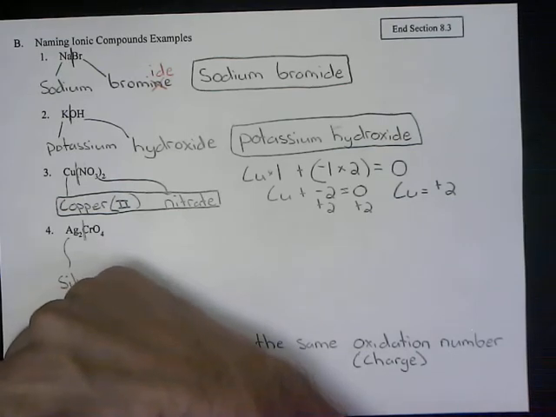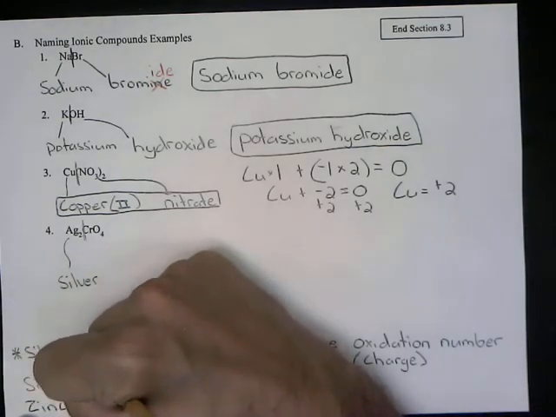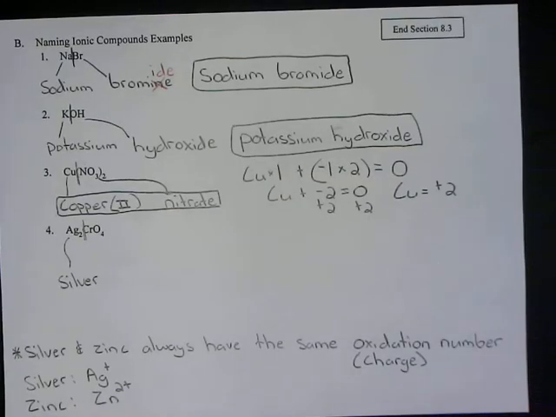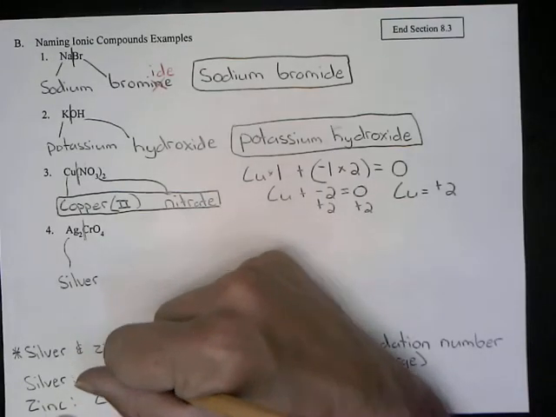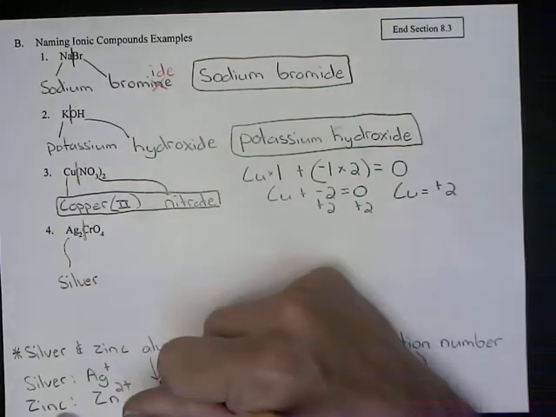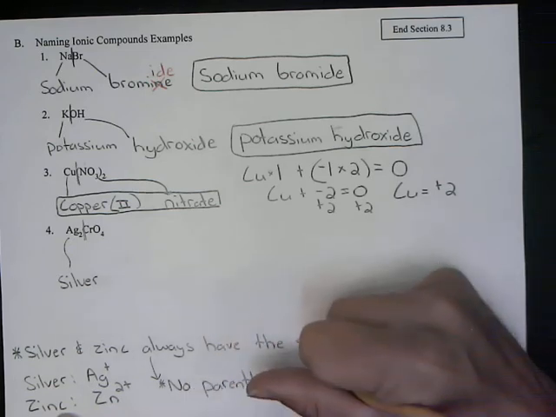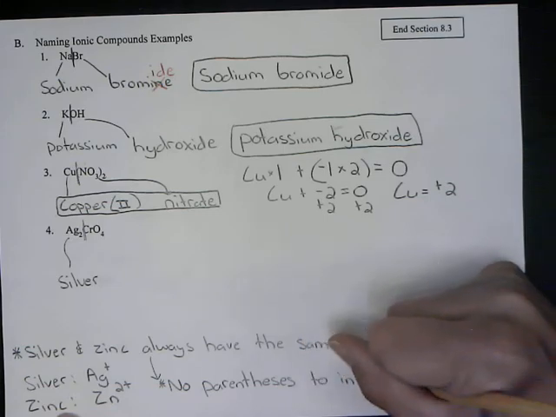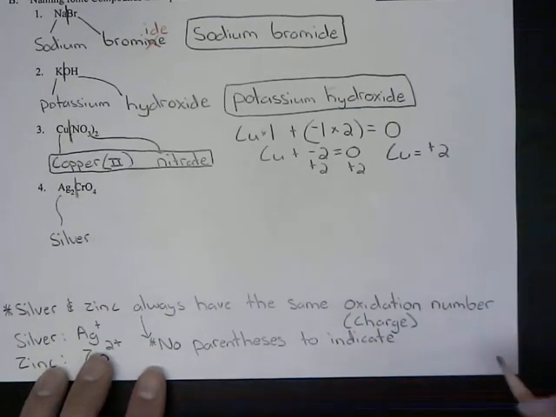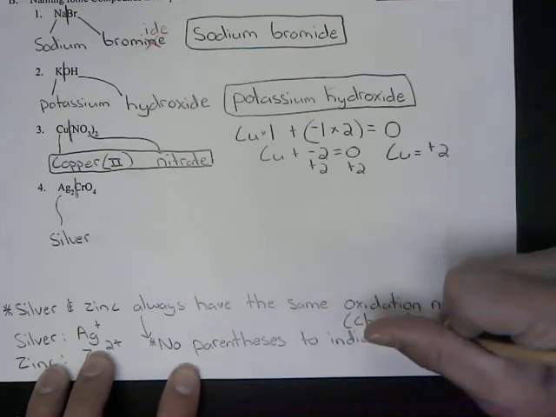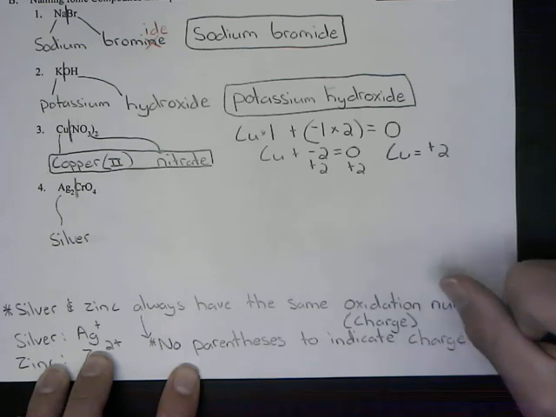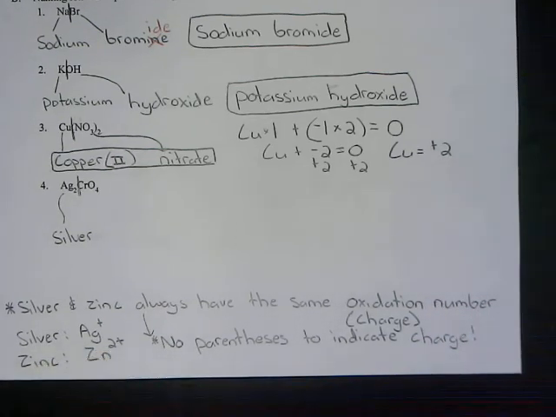Zinc, if we ever run into zinc, which we will, is always going to have a 2 plus. So what that means is no parentheses to indicate charge is needed. So that's really nice. We can avoid a step here. Again, that's only for silver and zinc. All other transition metals, we have to abide by that set of parentheses.